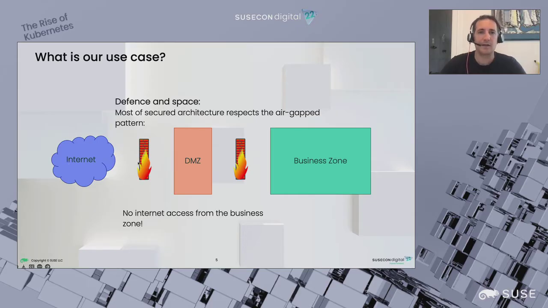This access is segregated thanks to a firewall, and we only access through a demilitarized zone or DMZ, in which we are going to find some components to ensure the communication between the outside world and the business zone. But what is important here is that the business zone is really segregated from the internet and does not access the internet. It is not possible to access the internet from this business zone in which we are deploying our business application.